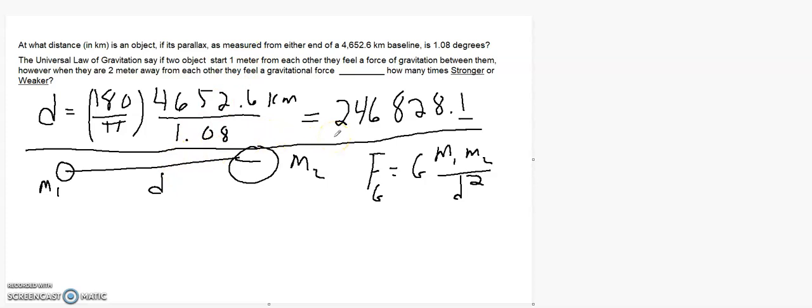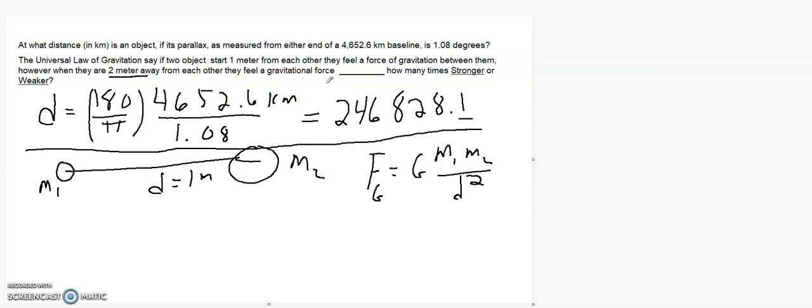In this particular case, we know that the distance is 1 meter, but that's all we know. And then it says, however, when they're 2 meters apart, so something is pulling them apart, let's say, these two masses are now 2 meters apart, just like the problem says.